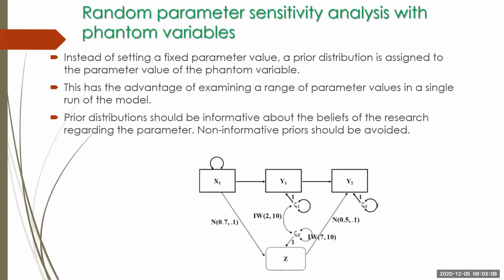Now, they also created a variation of this method for if you estimate your model using a Bayesian approach. In this case, instead of setting fixed values of the sensitivity parameters, you would set the mean of the sensitivity parameters and the variance of the sensitivity parameters.